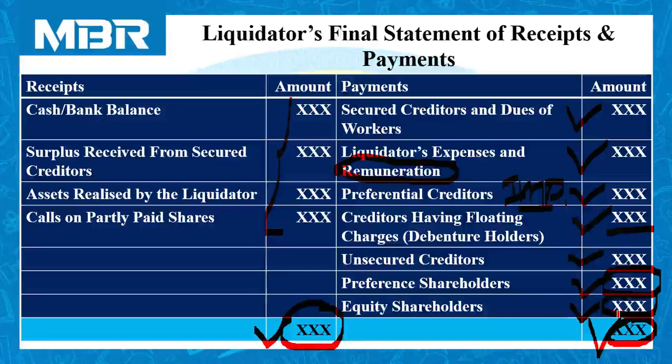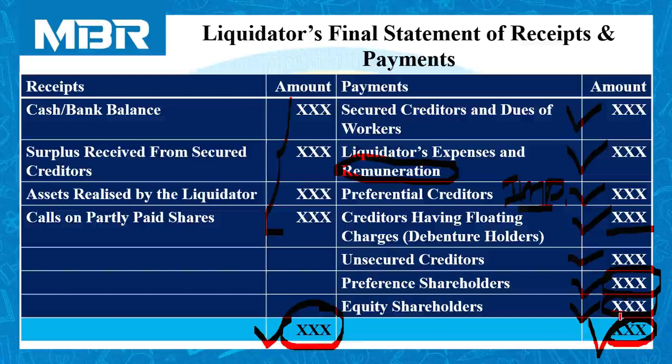Secured creditors and dues of workers at first priority, liquidator's expenses and remuneration at a second stage, preferential creditors at a third stage, and for this it is necessary to remember the rules for preferential creditors. Fourth stage is all about creditors having floating charges, or say debenture holders.